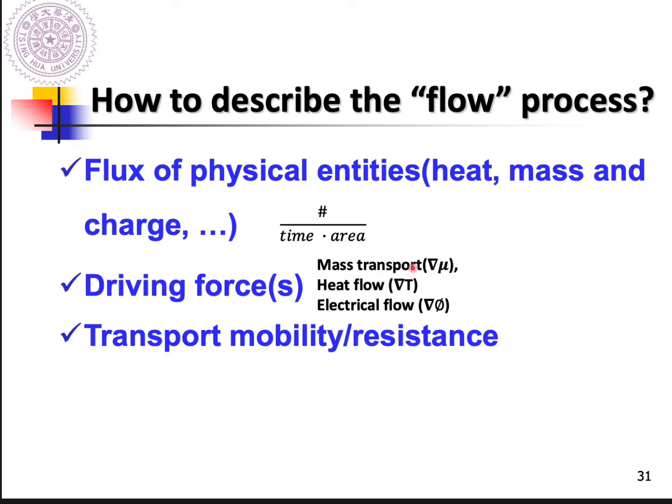For example, if there's mass transport or diffusion happening in your material systems, the transport resistance probably will be the diffusivity of these materials. And if the flow process involves heat flow, which material property will affect the heat flow in your material system?